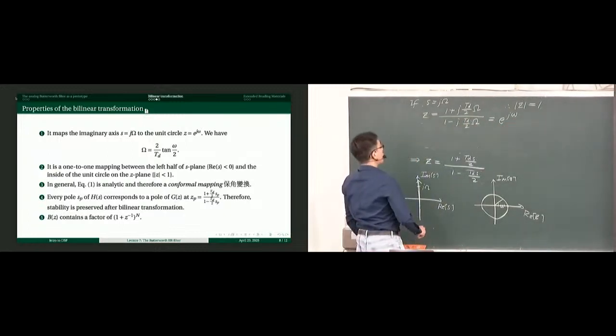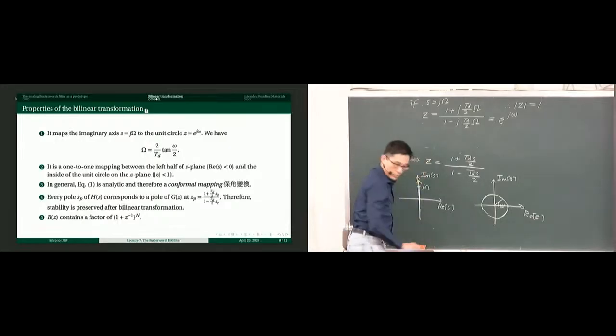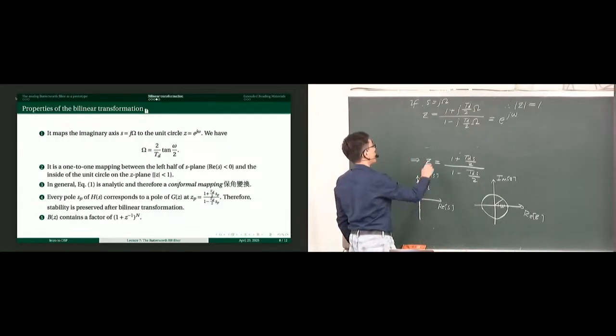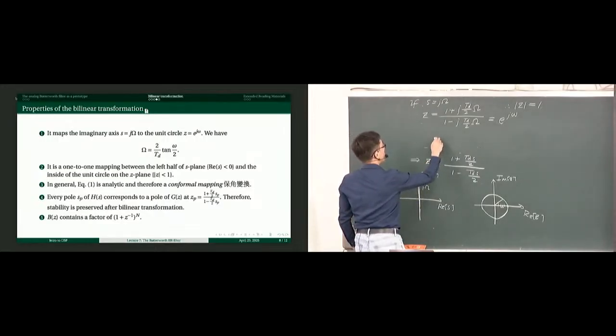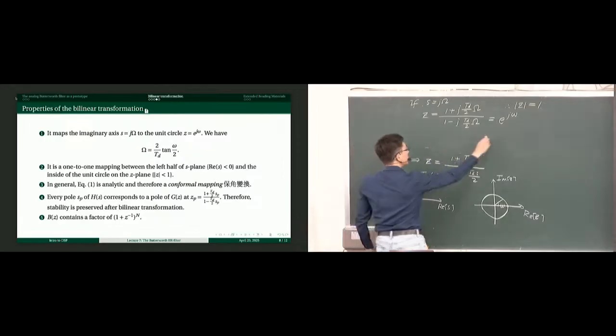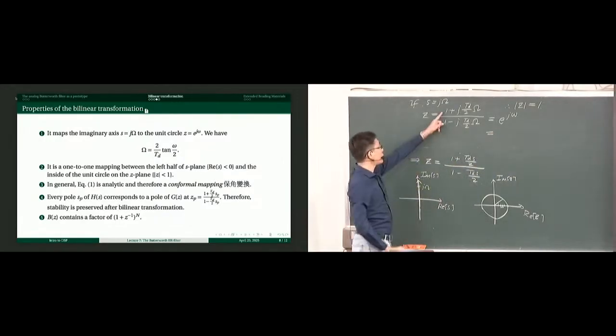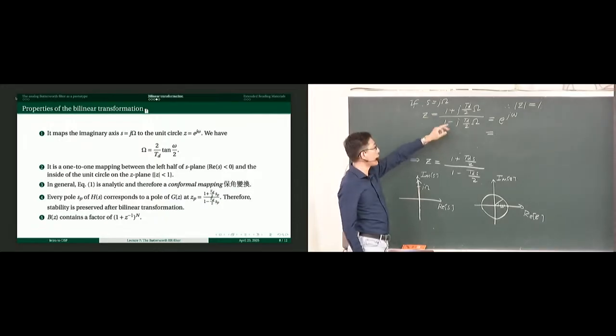The way I like to write it is this. Right here we have a division: we're dividing one complex number by another complex number. Therefore, the angle of the result should be the difference.